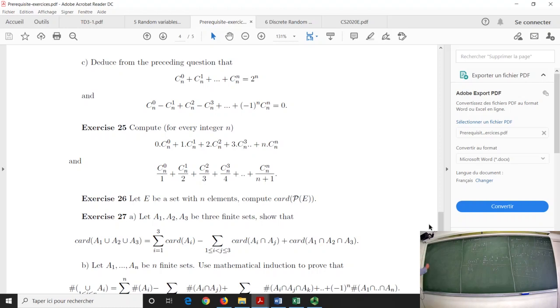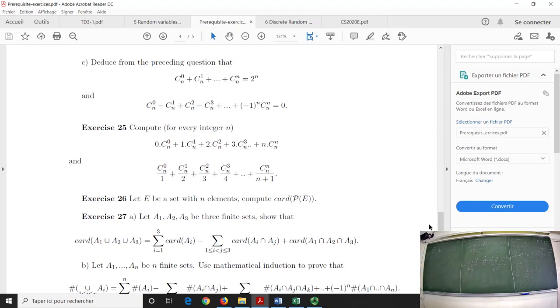What I am interested in is the sum with something of the form c and k over k plus 1. So it's the sum from k equal to 0 to n. It's exactly what I have written here, expressed using this sum.